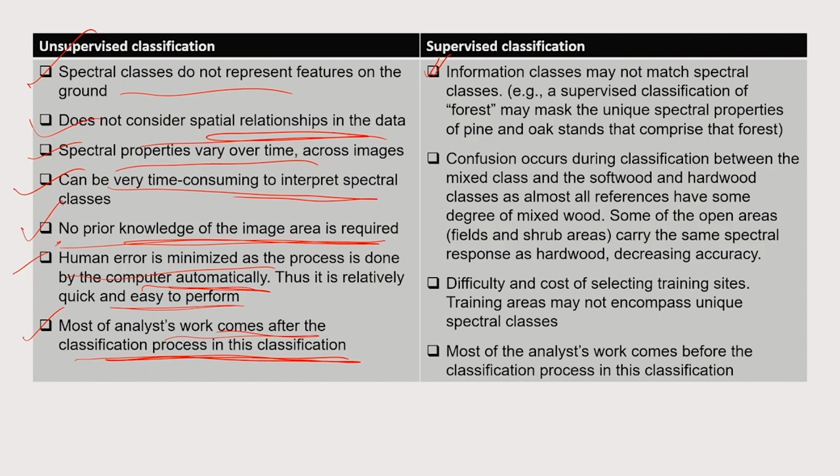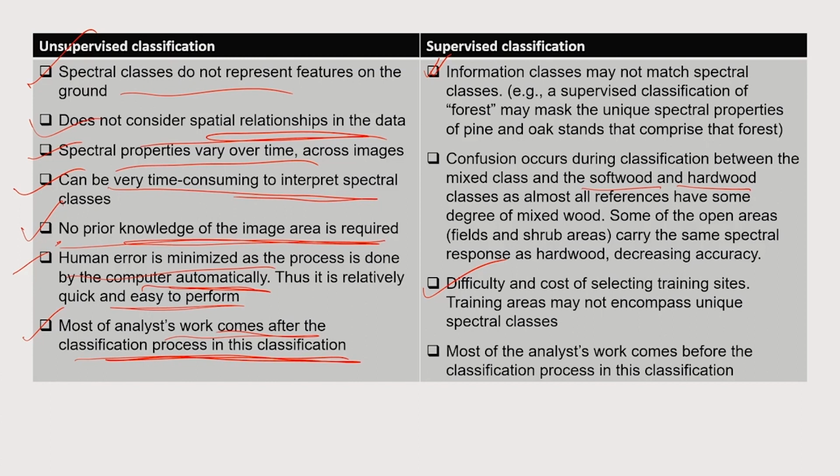Suppose you are considering a forest area. So for softwood and hardwood classes, almost all references have the same degree of mixed wood, and that could sometimes be a bit confusing to identify. Now, the difficulty and cost of selecting training sites is an issue in supervised classification.